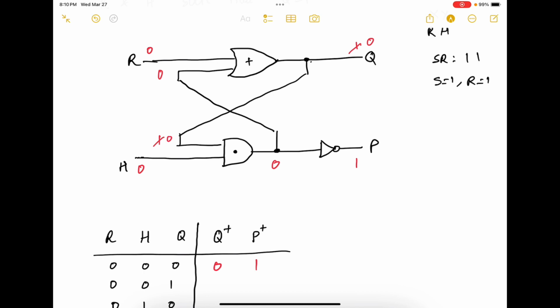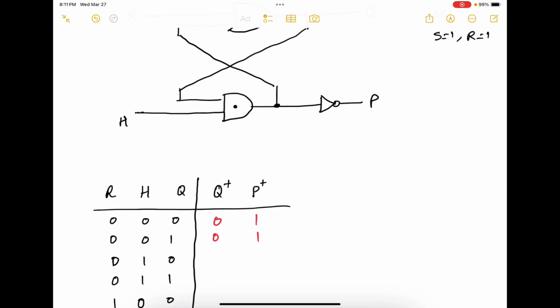This 0 goes down here. 0 and 0 is 0. 0 goes up, and then the circuit stabilizes. Therefore, Q plus equals 0 and P plus equals 1. In both these cases, the condition is satisfied because Q and P are complementary. So these inputs are okay. So this circuit can have R equals 0 and H equals 0.